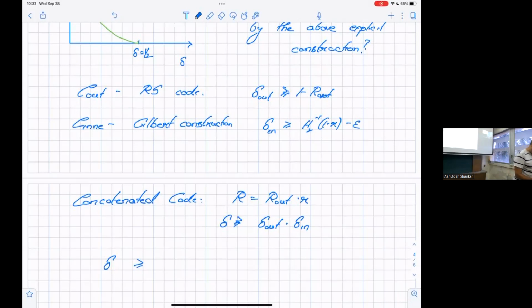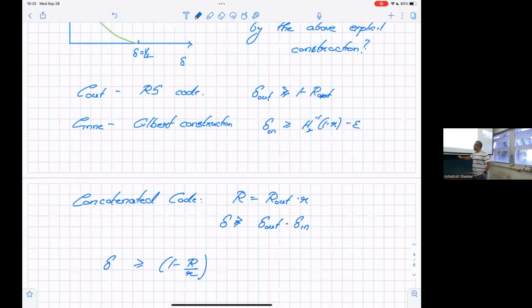So delta out over here, I can make it 1 minus R out. So 1 minus R out itself is R by r. So the only parameter I'm going to ensure is that I'll only keep R as a parameter. I drop all the other parameters.